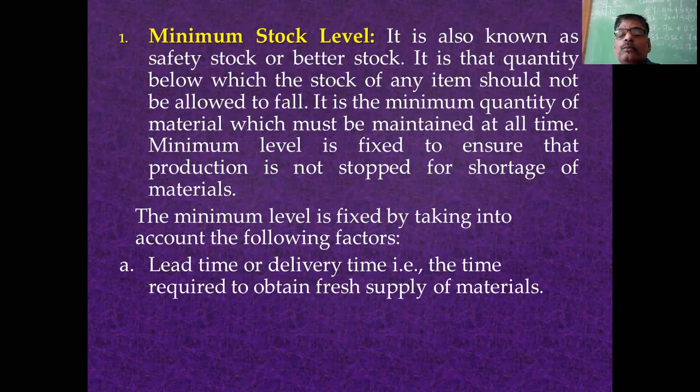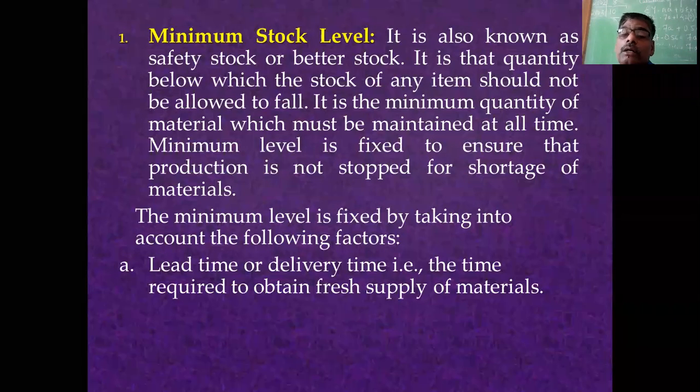For example, suppose you place the order today and you will get the material after 10 to 15 days. That 10 to 15 day period is called lead time or delivery time. It is the time taken by the supplier to supply new stock after you place the order. You have to consider this point.